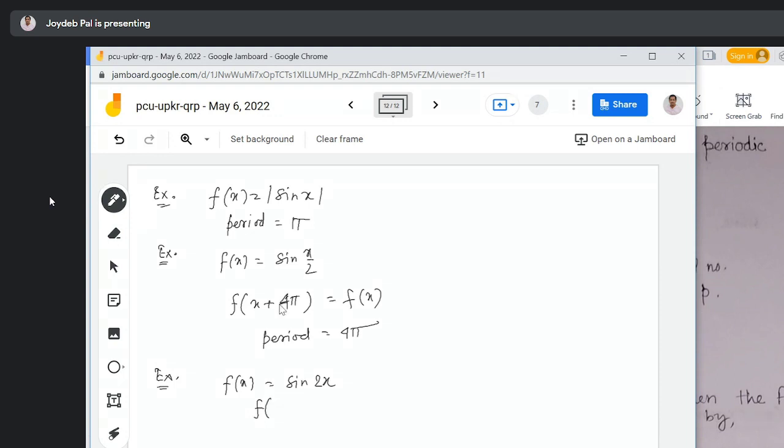You check that f of x plus pi is equal to f x. The period for sine x is 2 pi, but if I write sine 2x, then it is actually not 2 pi. It is pi.